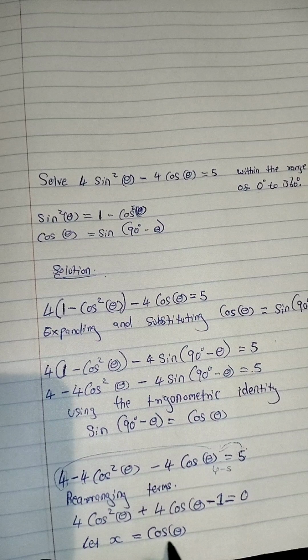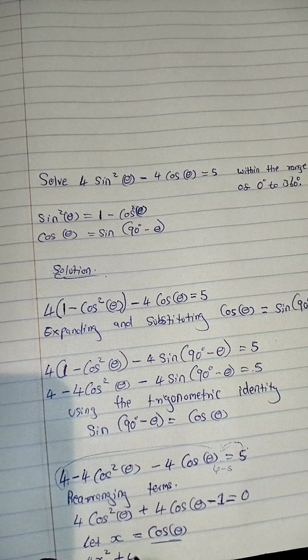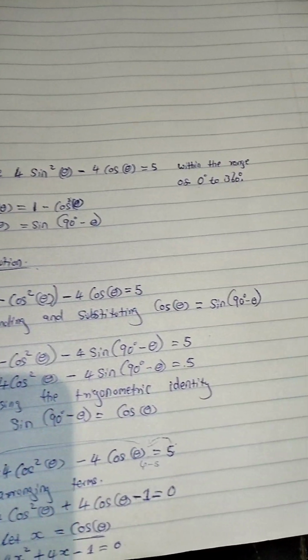Where I have cos theta, I'm going to put x. So here I have 4x squared, plus 4x, and then here we have minus 1 is equal to 0, learner. Have you seen that? 4x squared plus 4x minus 1 is equal to 0. At this position, it has formed a quadratic equation.